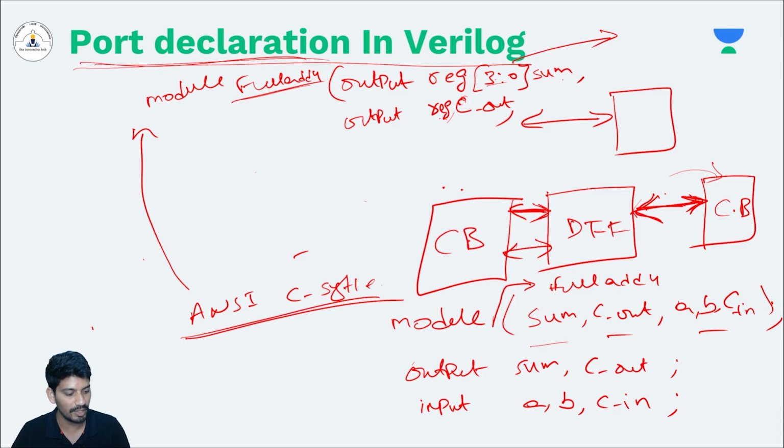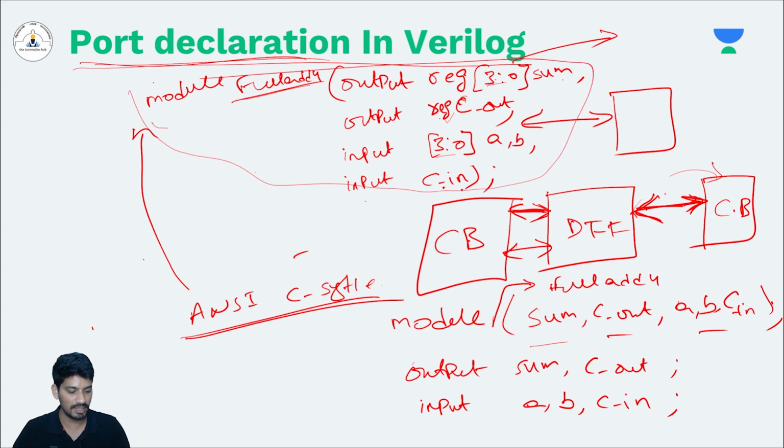So I am not defining any bits for the C out. Similarly, input is also 4-bit, so 3 down to 0, A comma B are 4-bit inputs, and input C in, which is a single bit input. Close bracket with semicolon. Right? This is how you can define in ANSI C style.